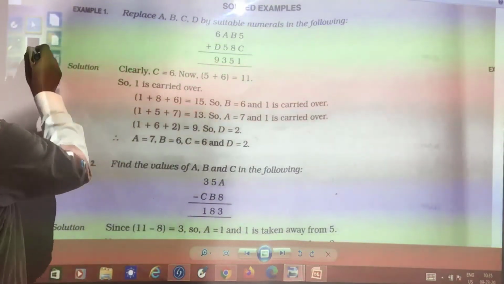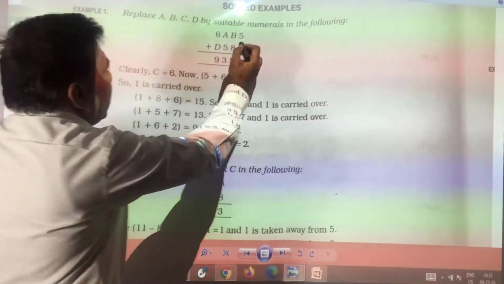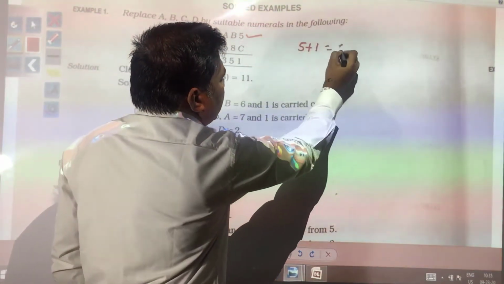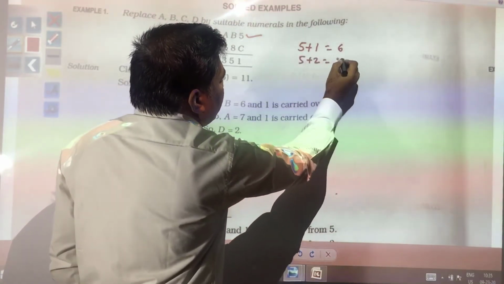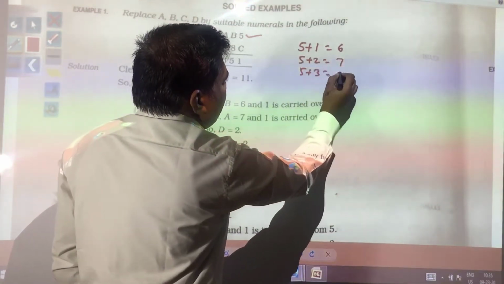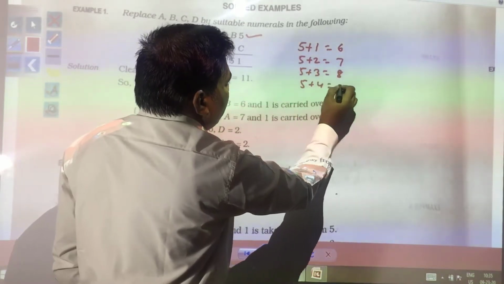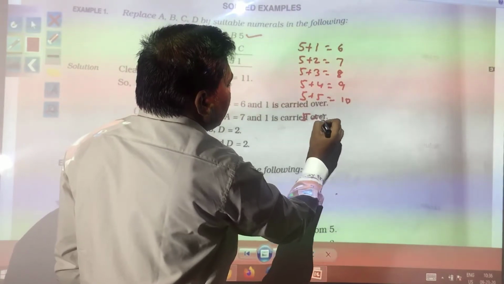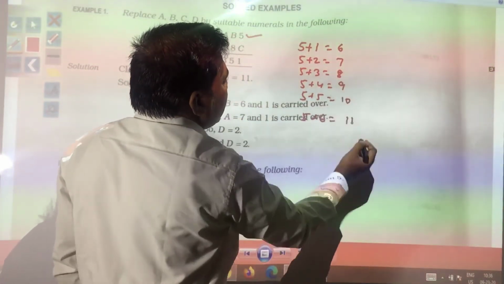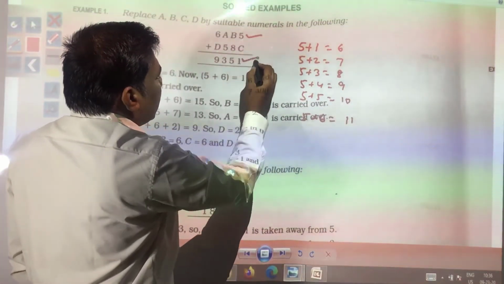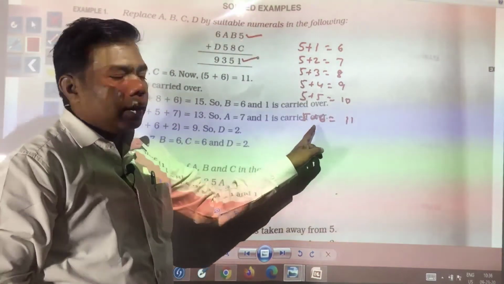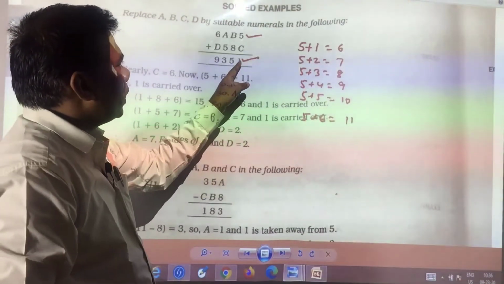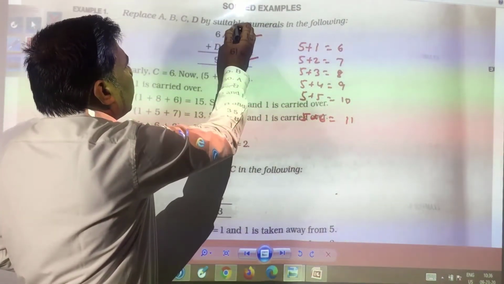If you are adding something on 5, 5 plus 1 will be 6, 5 plus 2 will be 7, 5 plus 3 is equal to 8, 5 plus 4 is equal to 9, 5 plus 5 is equal to 10 and 5 plus 6 is equal to 11. So, here if it is coming 1, it means 6 has been added and that is why you have got 11. So, 1 you have written over here and 1 you carry over here.